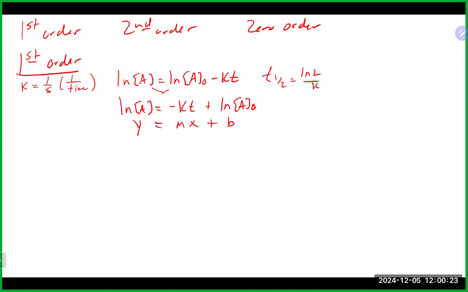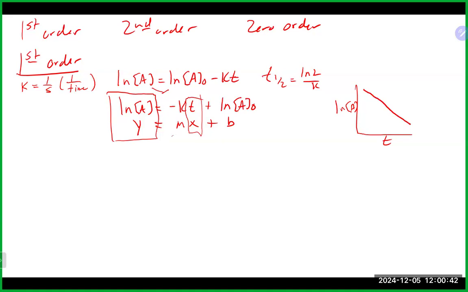And that gives us our very common graph that we associate, our linear relationship that we associate with first order. And that is the natural log of A versus time should yield you a straight line with a negative slope.